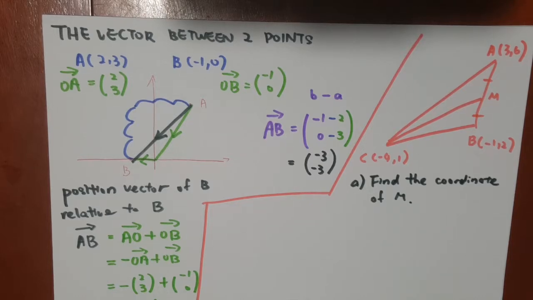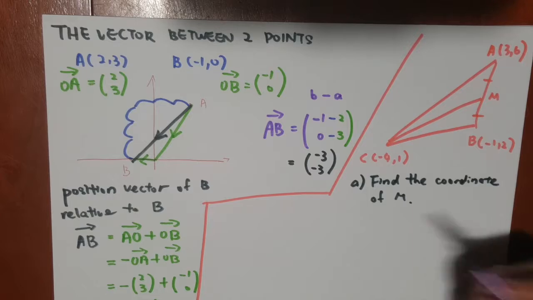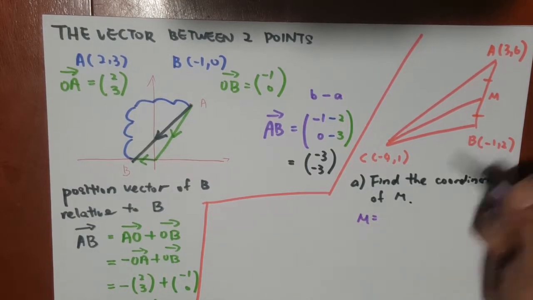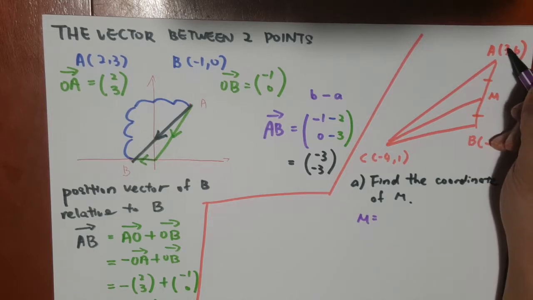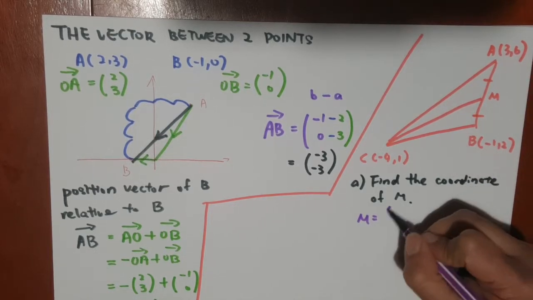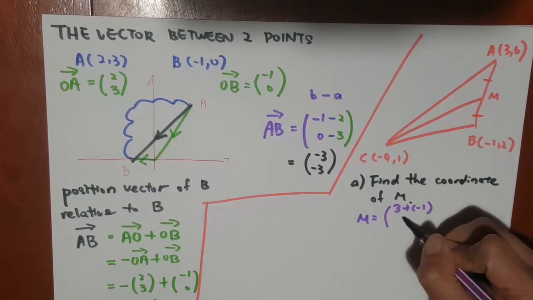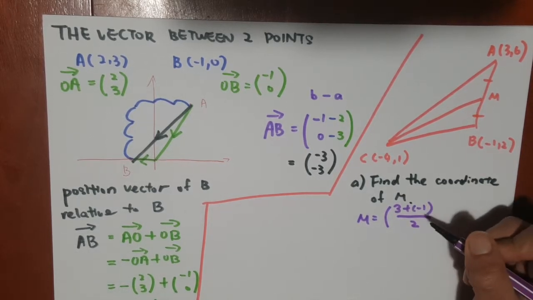It's really easy. You don't have to think of a very complicated way. The midpoint is always the sum of the 2 x's, so that's 3 and -1 divided by 2. It's always divided by 2.